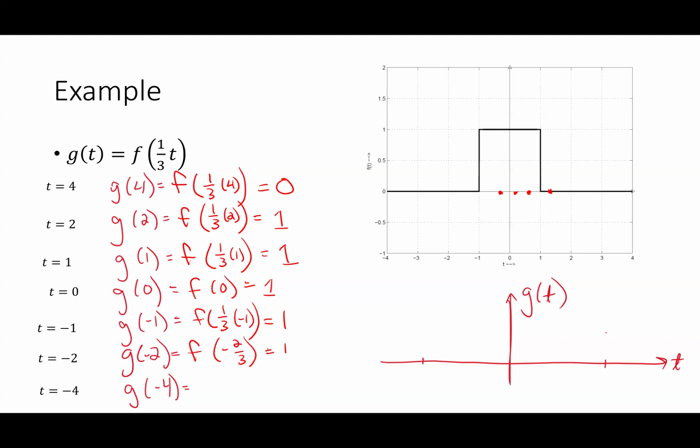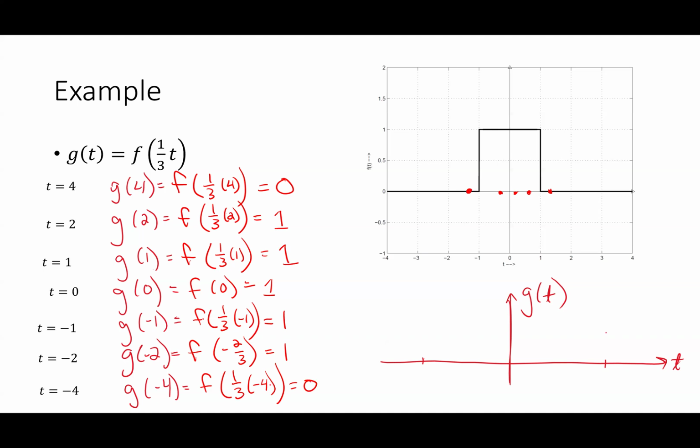That's equal to 1. At t equal to -4, g of -4 is f of 1/3 times -4, so f of -4/3. Where's -4/3? That's over here somewhere, right? That's equal to 0. All right.